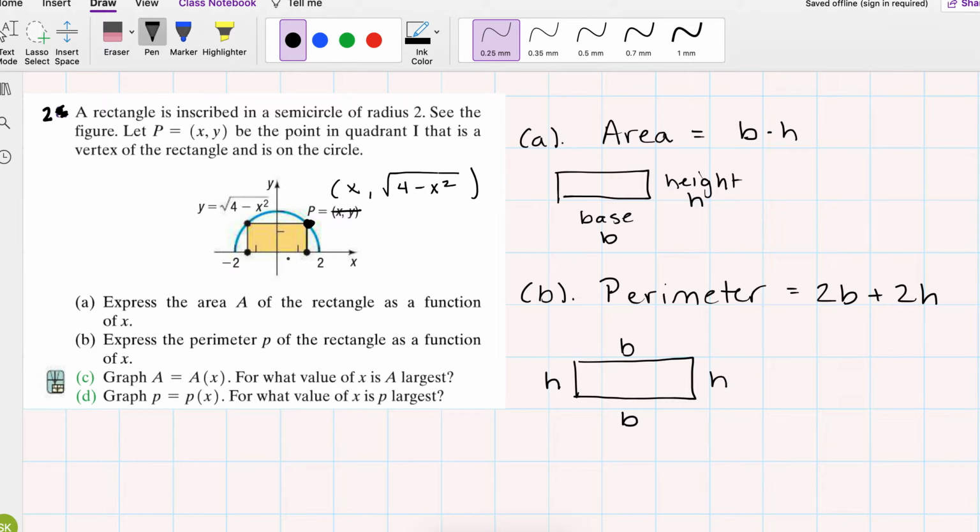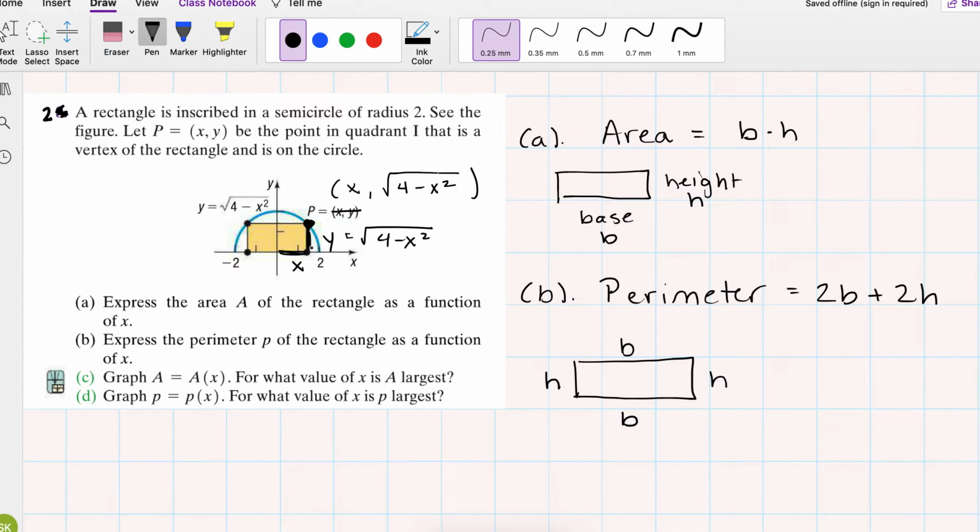Now, the point P is how far you go to the right and up, right? This x value tells you how far you go in this direction to get to this point, and the y value tells you this direction, the length of this side. So this length right here is x, and this length is y, or in other words, square root of 4 minus x squared.